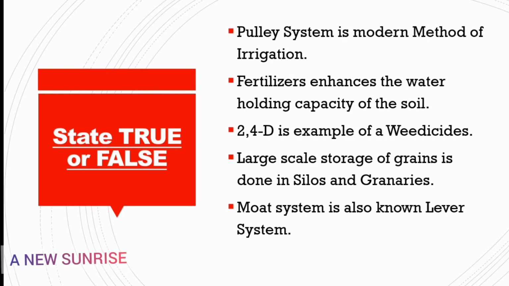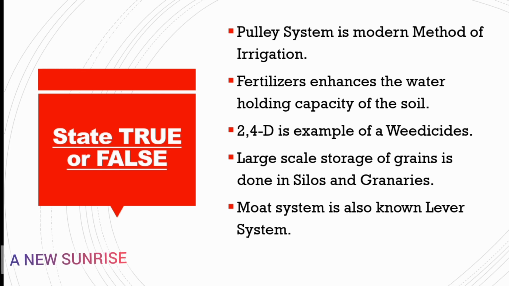Next comes state true or false. The pulley system is a modern method of irrigation. It is false. The pulley system is a traditional method of irrigation. Fertilizers enhance the water holding capacity of the soil. It is also false.